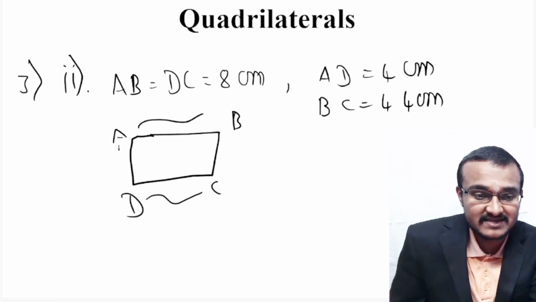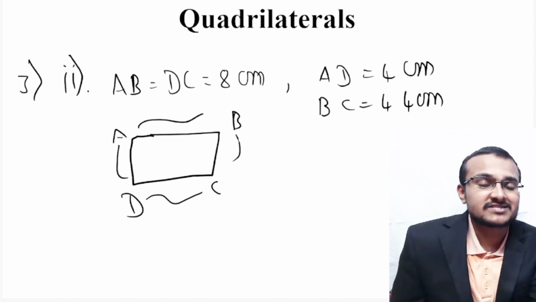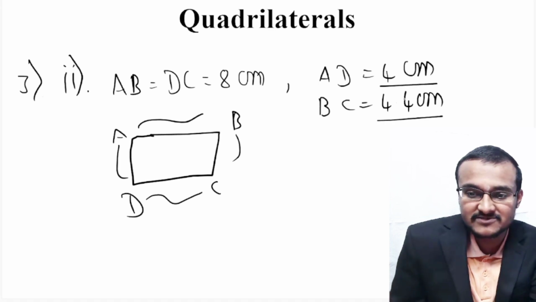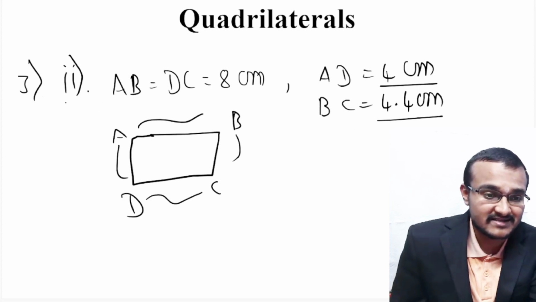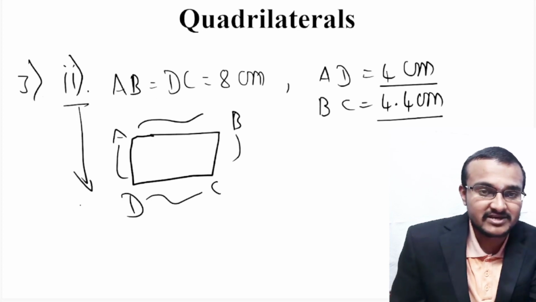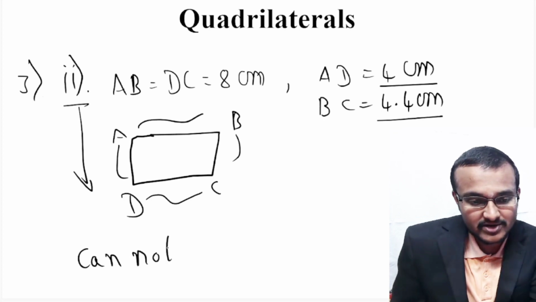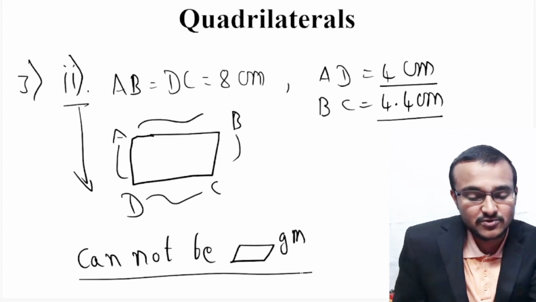But here you can see AD and BC are not equal to each other. In a parallelogram, opposite sides should be equal. Here AD is 4 centimeters and BC is 4.4 centimeters. So this quadrilateral in the second problem cannot be a parallelogram.